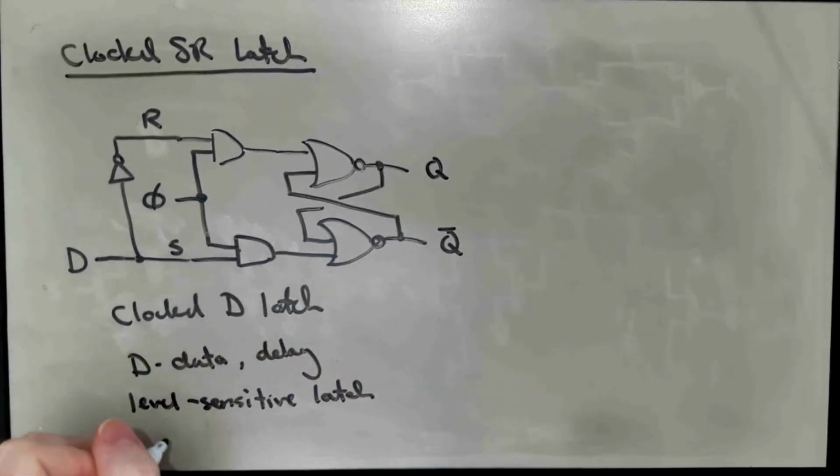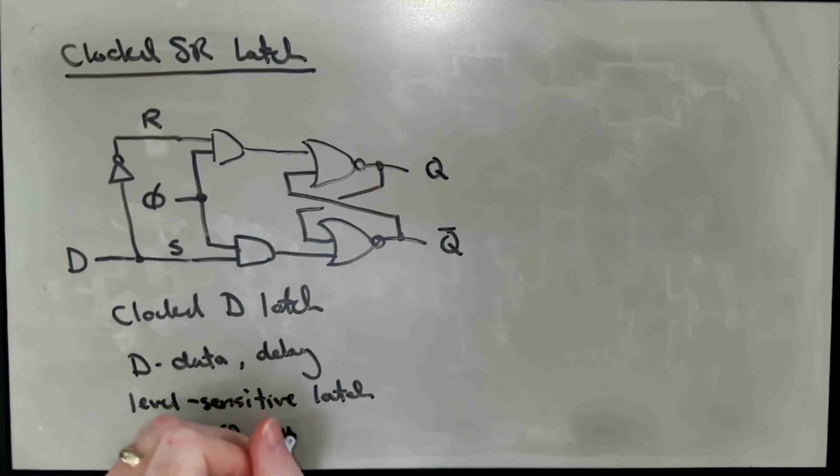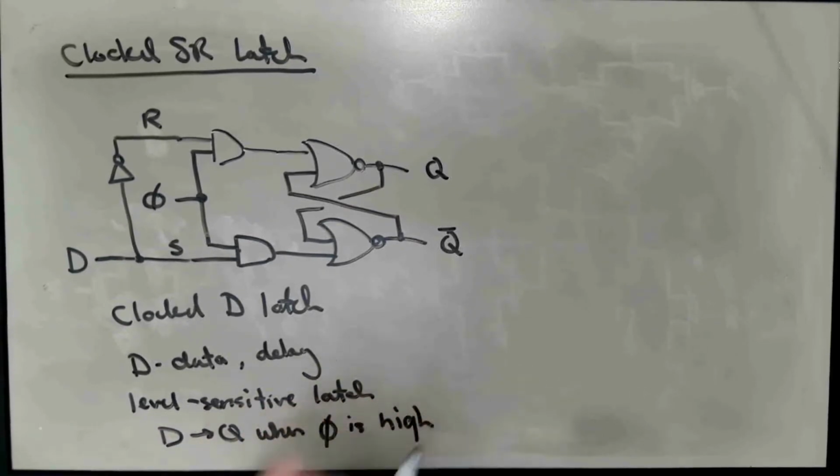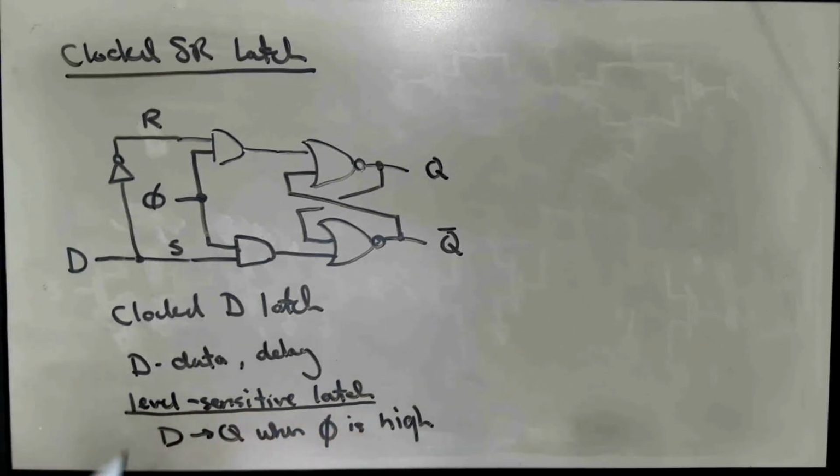So D goes to Q when phi is high for this particular circuit. You could also imagine having D going to Q when phi is low. That would be another possibility. But level sensitive latches are very common. They're the simplest kind of latch structure that has a clock.